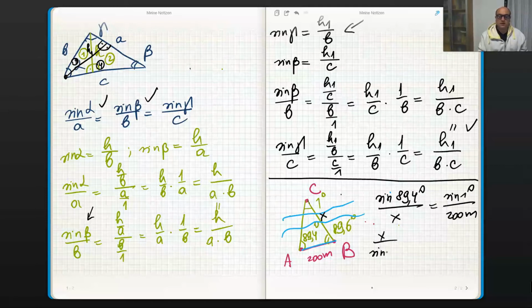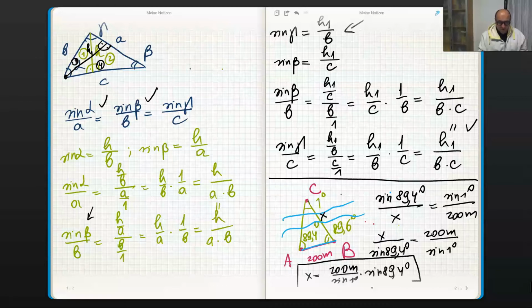That means x divided by the sine of 89.4 degrees is equal to 200 meters divided by the sine of 1 degree, right? And what would be the value of x? Well, that would be 200 meters divided by the sine of 1 degree times the sine of 89.4 degrees. We can easily compute it, and this is the distance from B to C. It should be roughly 11.8 kilometers, I think.